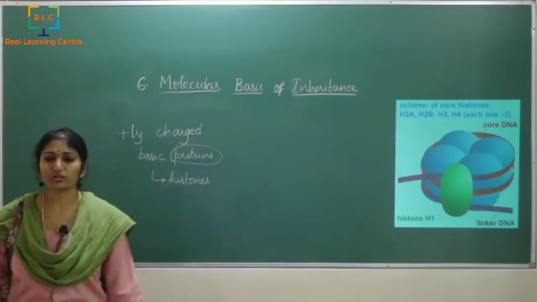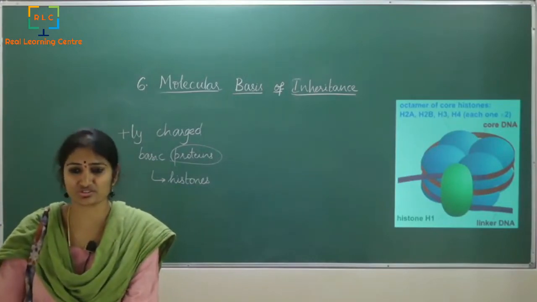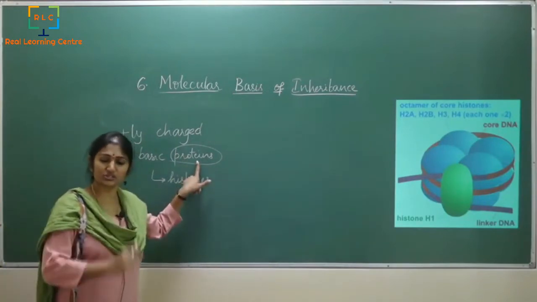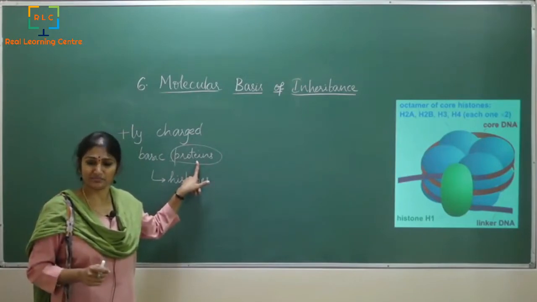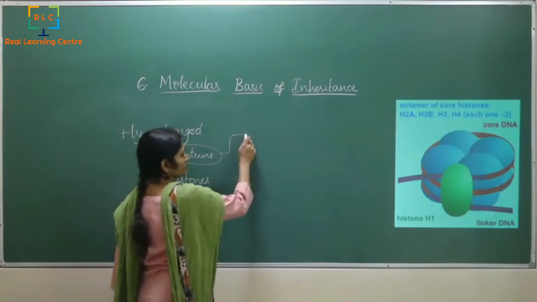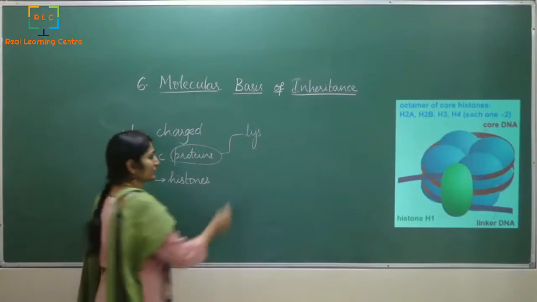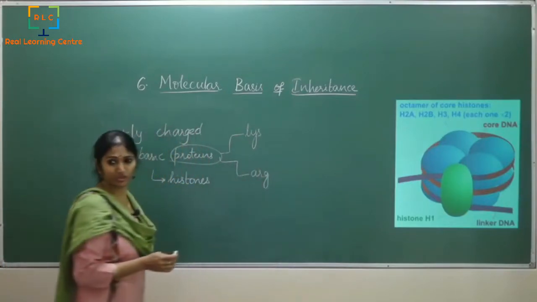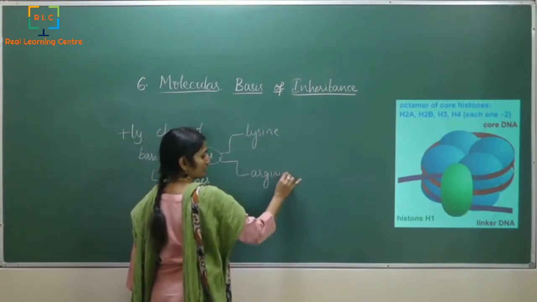Now how can a protein become positively charged or negatively charged or neutral? That is because, please remember, this protein is also a polymer, a polymer of amino acids. Now these histones are rich in 2 amino acids. One amino acid is called lysine, and the second one is what we call arginine.